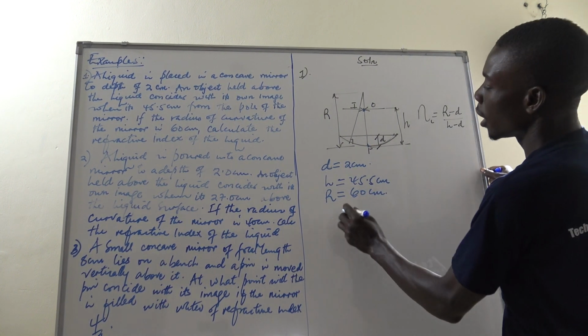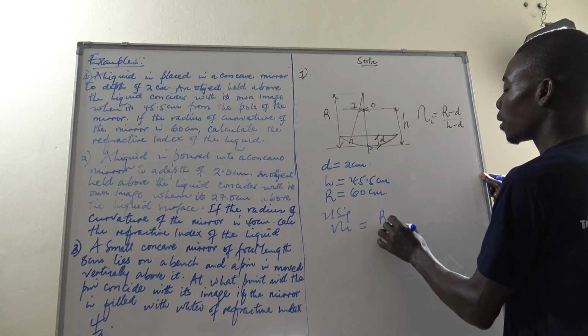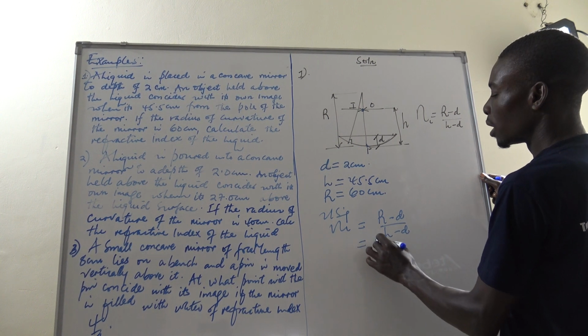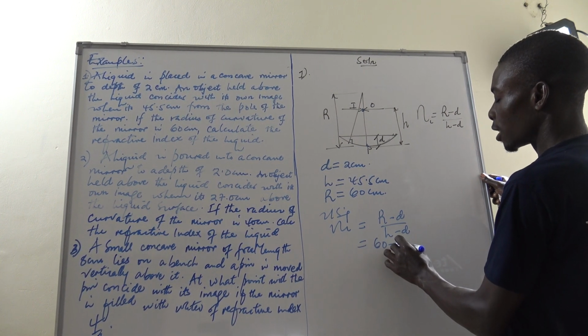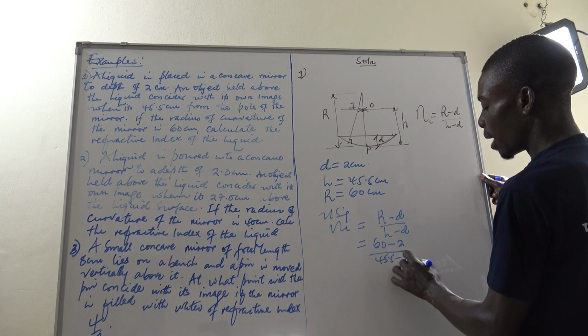So using the refractive index equals R minus D over H minus D, it is 60 minus 2 over 45.5 minus 2.